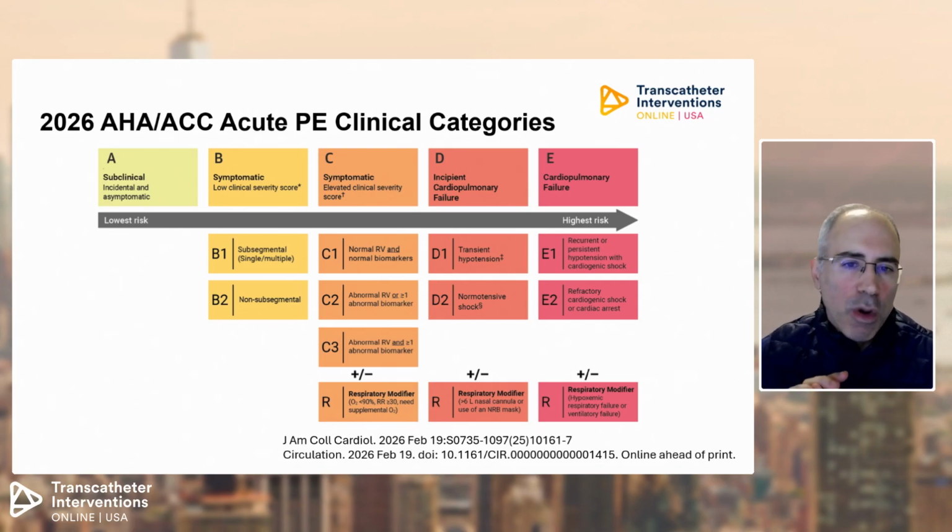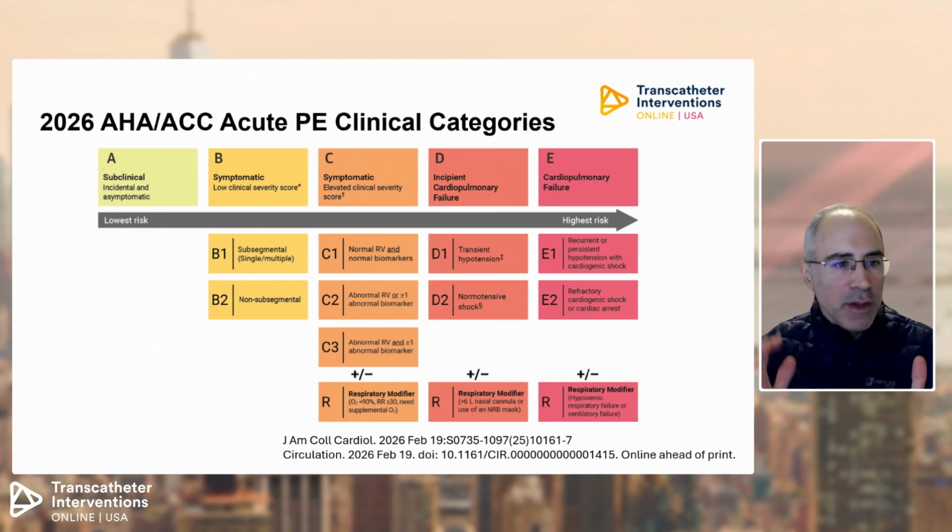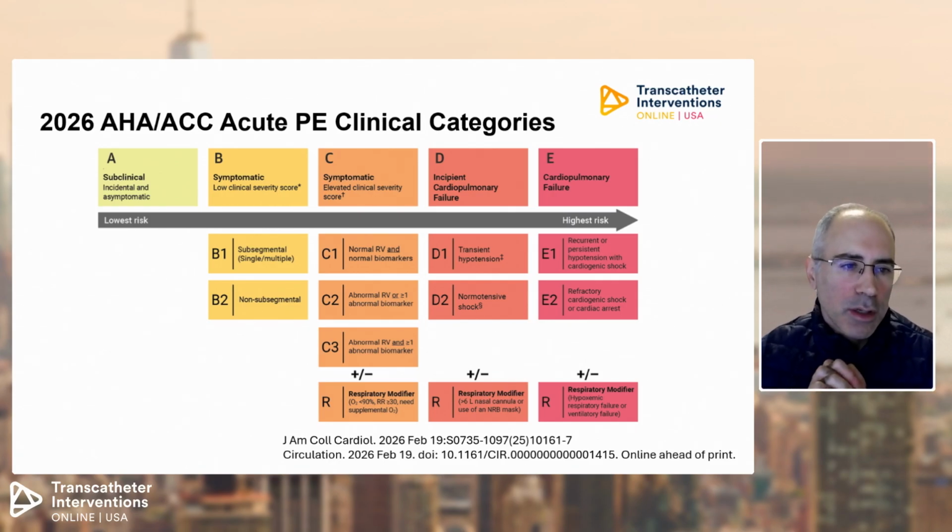And here we have one more major category to help us understand, probably more precisely, risk in patients. Class A are subclinical, incidental, and asymptomatic PE patients. These are typically PEs found on scans done for some other reason, maybe for cancer staging, or maybe a CT scan done for abdominal pain.